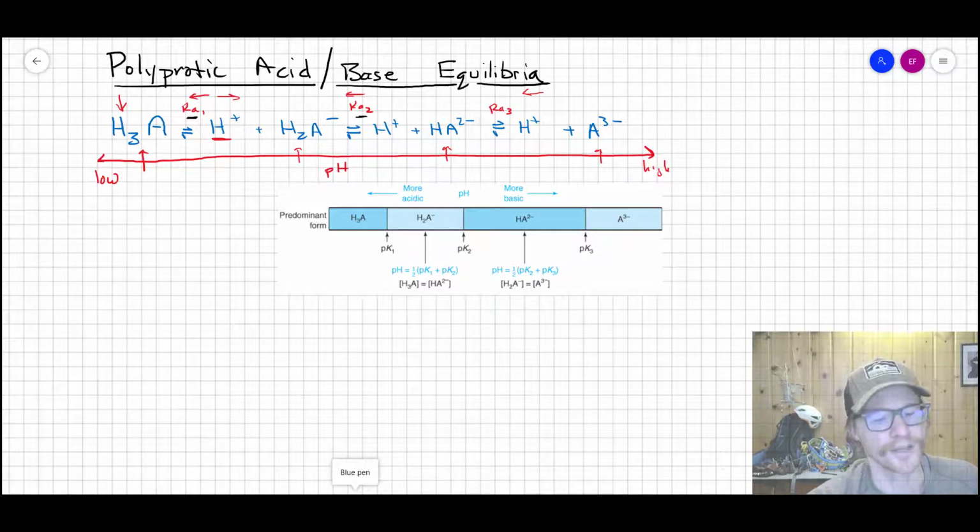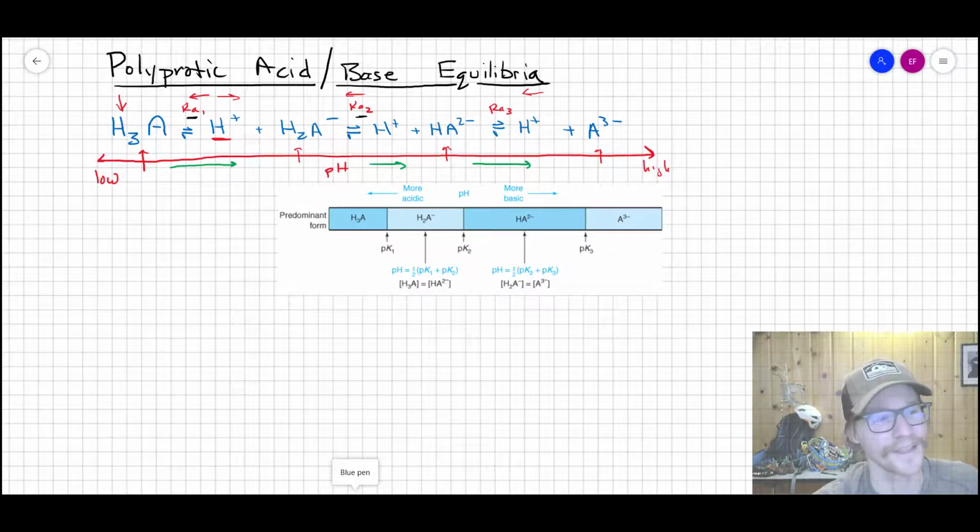But as we shift our pH higher and higher, at some point we move from H3A being dominant to H2A being dominant at a particular pH. If we keep shifting, then we move to a point where HA2- becomes the dominant species in solution. And if we keep popping the pH up more and more, we reach a point where the fully deprotonated base, A3-, is the dominant form.